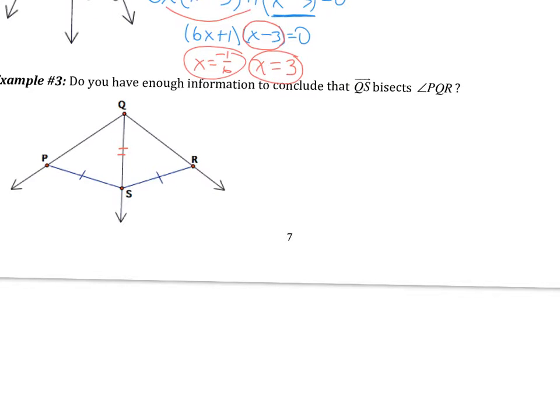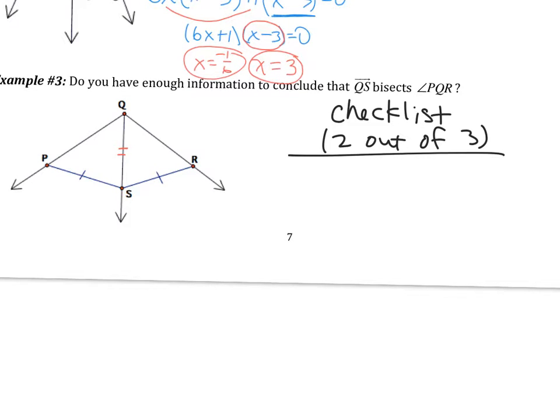If you wanted a different way, and if you're not good at figuring out the HL and the SAS and all that stuff, here's your little checklist. You always need 2 out of the 3 in order for it to be an angle bisector. Number 1, you need the perpendicular angles, and it has to be perpendicular to the sides of the angle.